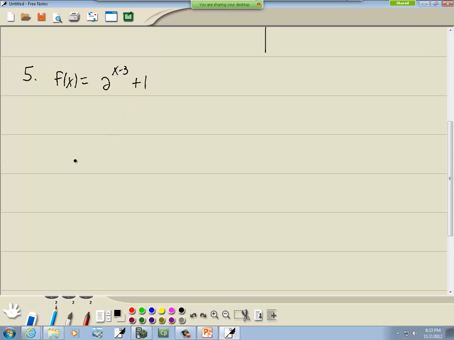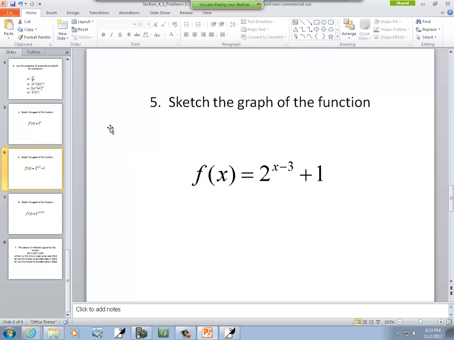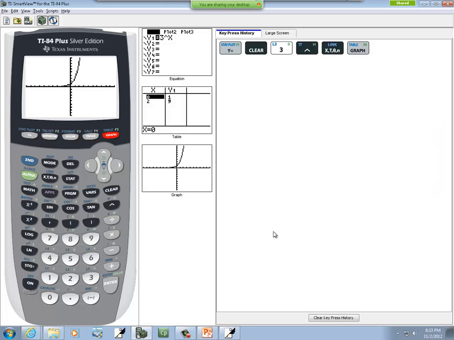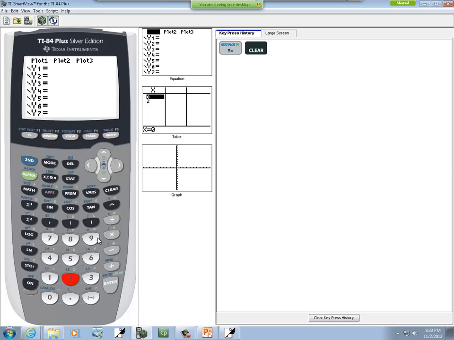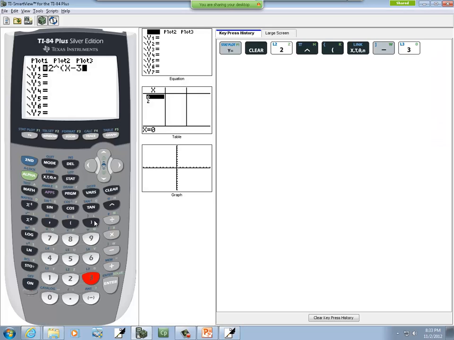Now I'm just going to plug these in the calculator. I don't think there's a whole lot of value for you seeing me build a t-chart. So I'm going to press my y equals, press clear. I'll put in 2 caret, and I'll put a beginning parentheses, and then x minus 3, and then a closing parentheses. Now, anytime you've got more than a single number up in your exponent, you have to put parentheses around it.